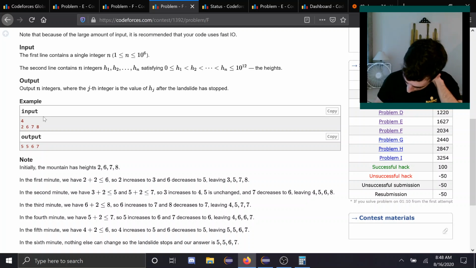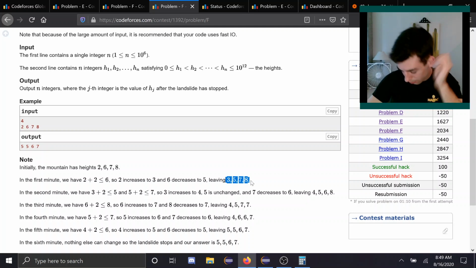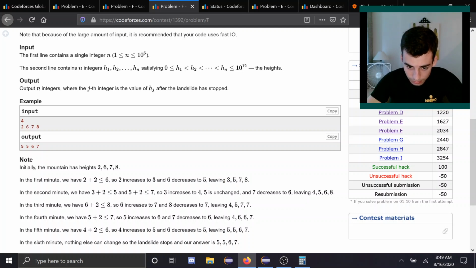What have I done wrong? 3, 4. Which corresponds to 3, 5 after the first turn. 3, 5, 7, 8. Oh, that is right. 4, 4, 4, 7.